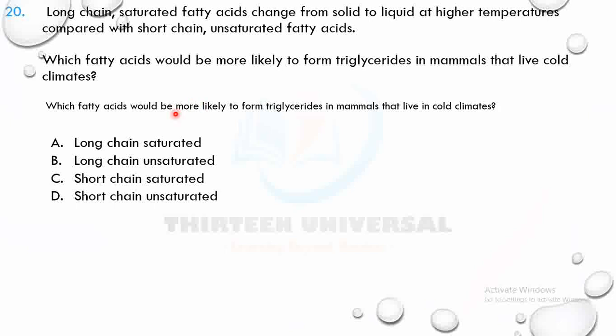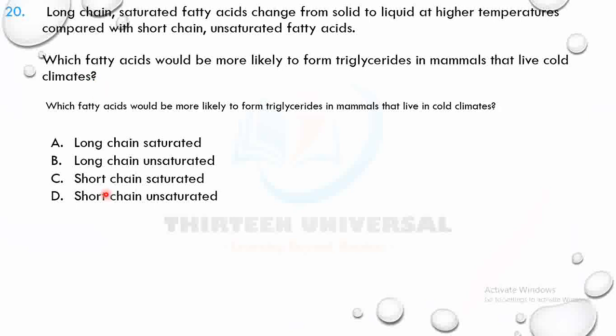Remember that in a cold environment, the phospholipid membrane should become more fluid. If it doesn't become more fluid, it will be frozen, and once it is frozen, the cell becomes impermeable and then it dies.